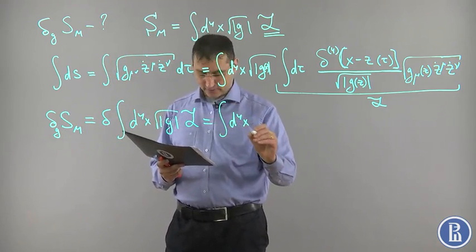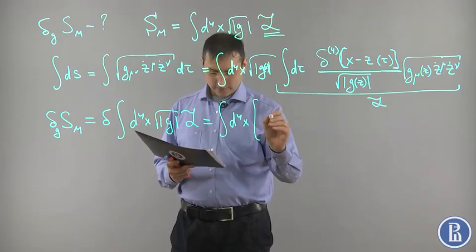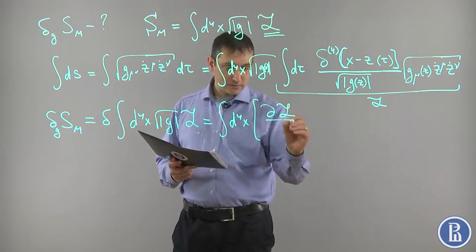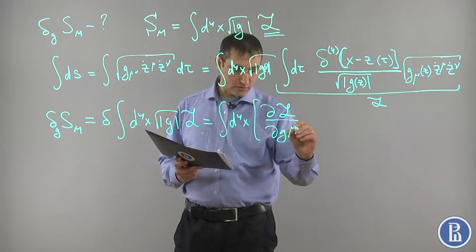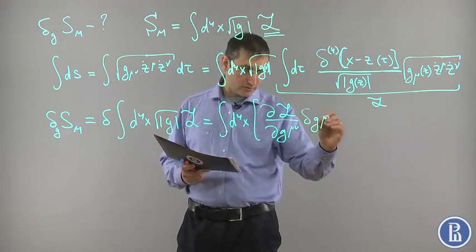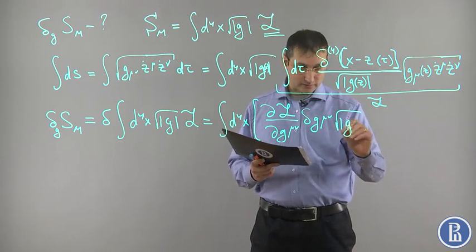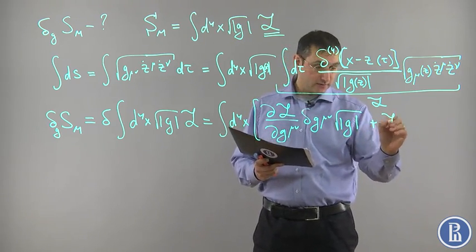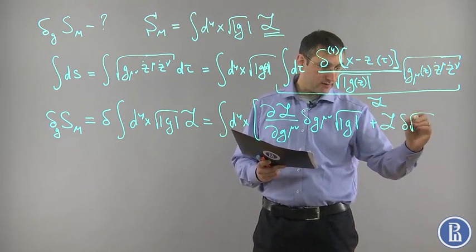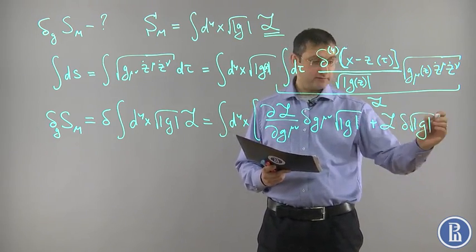It's just the integral d4x of dL over dg mu nu delta g mu nu times square root of modulus of g, plus L times the variation of the square root of the modulus.